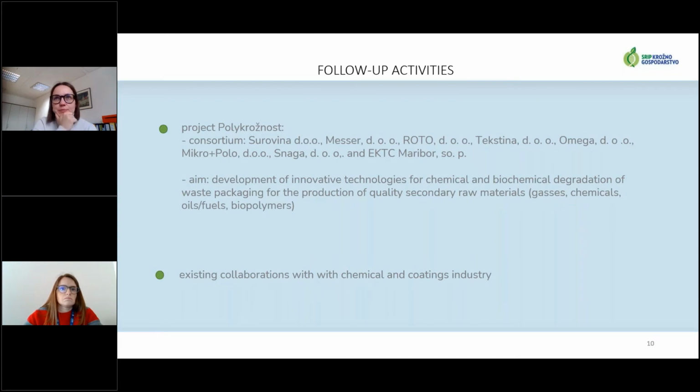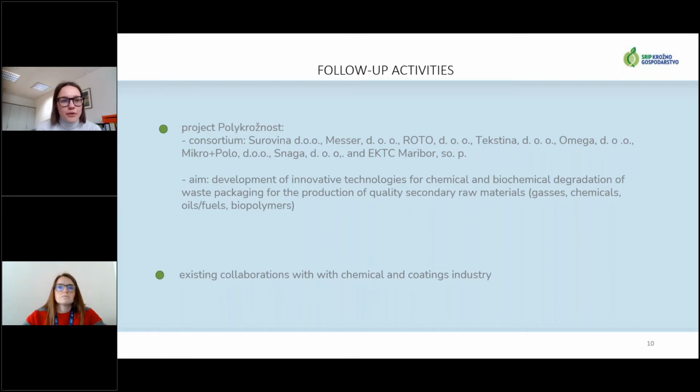After the establishment of this pilot plant, which was part of a Horizon project called Resintex, they already did some upscaling and follow-up activities. One is a demo pilot project, which was or is co-financed by the Ministry of Economic Development and Technology from Slovenia, and it includes a very strong consortium with the companies that establish the value chain in the plastics recycling.